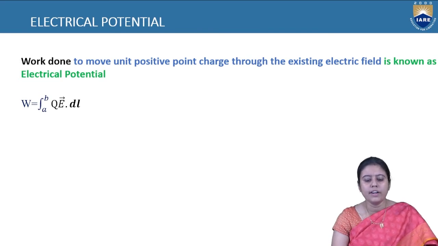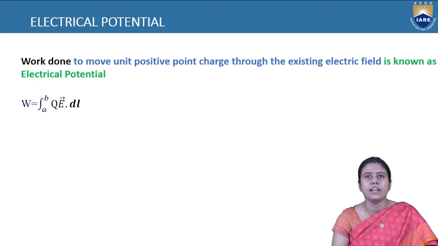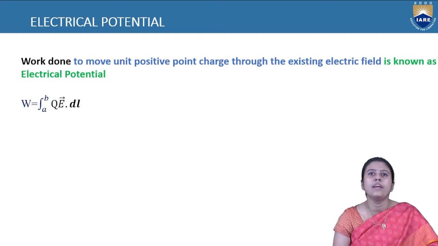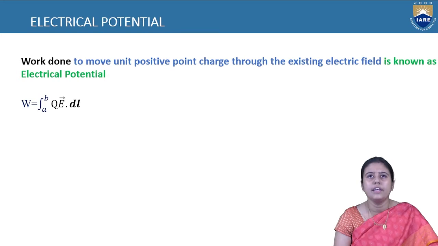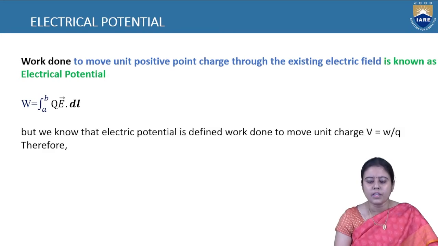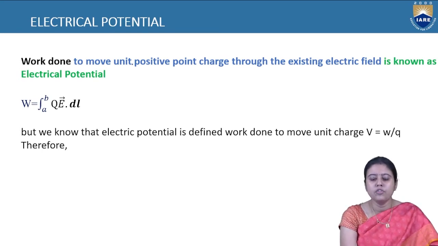So what is the work done we got? The work done is equal to integration from A to B of QE dL. But what is the electrical potential definition? Work done to move a unit positive charge from one point to another point.